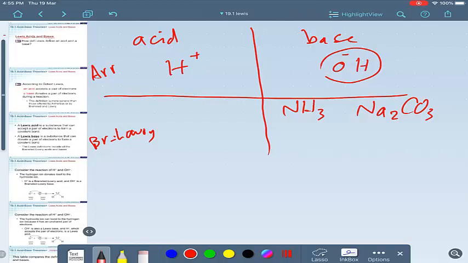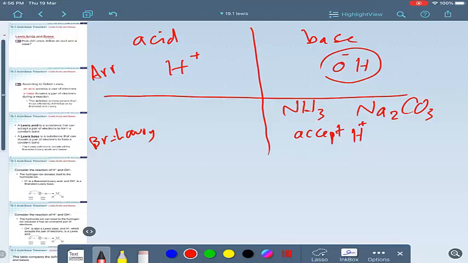So the base, according to Bronsted-Lowry theory, is the substance that accepts hydrogen ion, or we can say hydrogen ion acceptor.